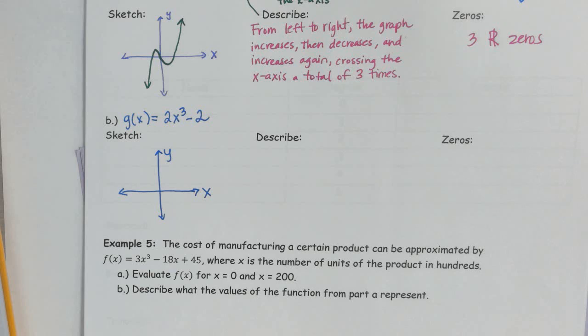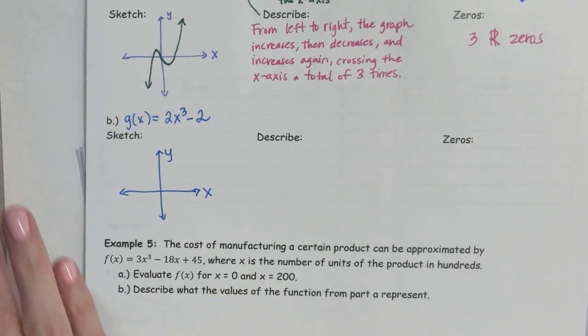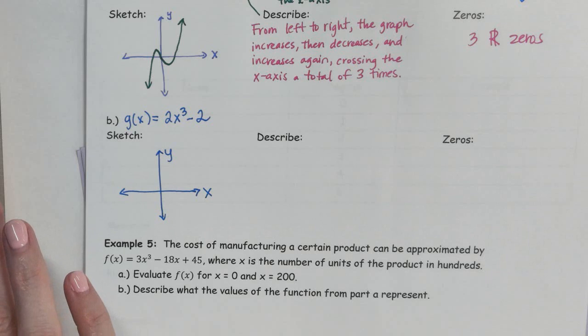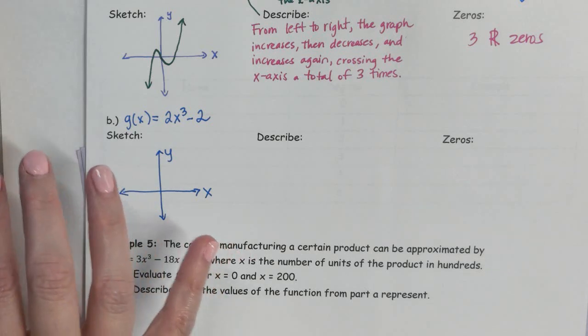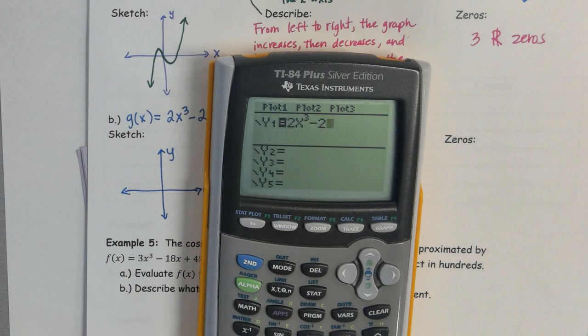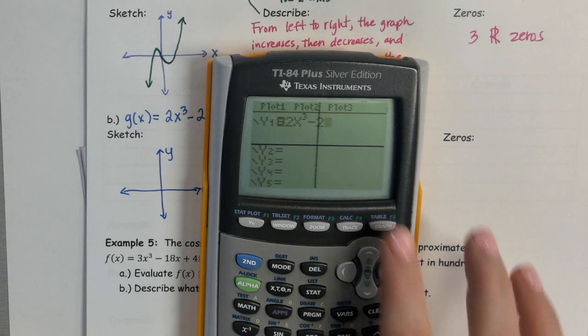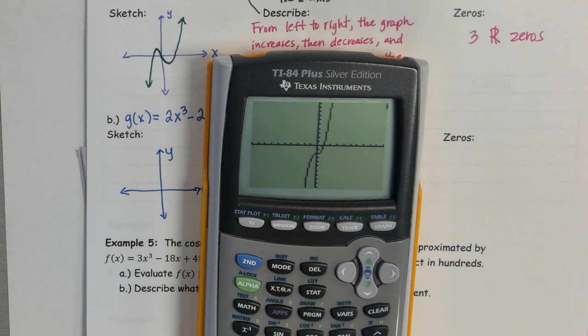Alright, so once you graph this, actually I have a picture of it on the board, it looks something similar to that. I'm going to show you on my graphing calculator. Now, depending on your calculator and your window, it can look like part of this is constant.